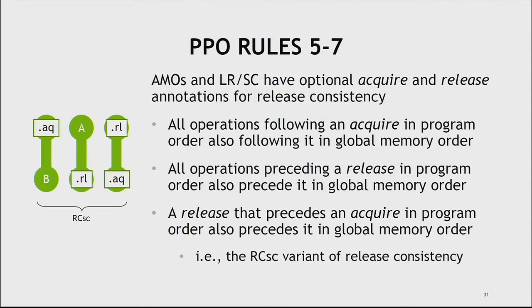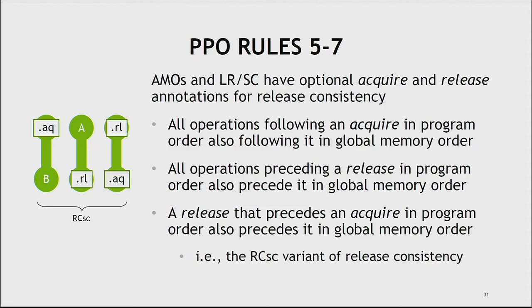Rules 5 through 7 are the release consistency rules that we have attached. So we have the .aq and .rl bits that are attached to AMOs and load reserve store conditional instructions. If you have an acquire, it orders, the acquire is ordered with everything after it. If you have a release operation, everything before the release in program order is ordered with that release.